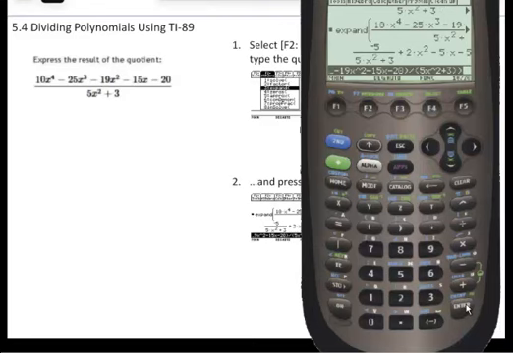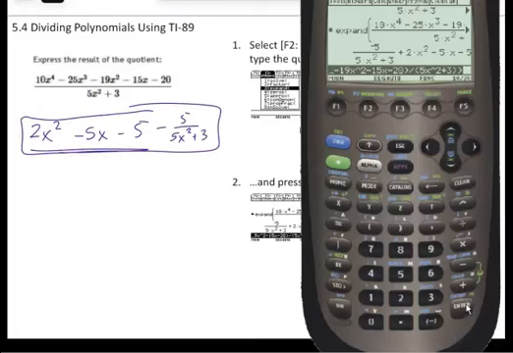Now it puts the remainder first. So when you write this answer, notice that the 2x squared minus 5x minus 5 is the original quotient that you're left with, and then plus a negative, so just minus 5 over 5x squared plus 3. So this is how you would express this.